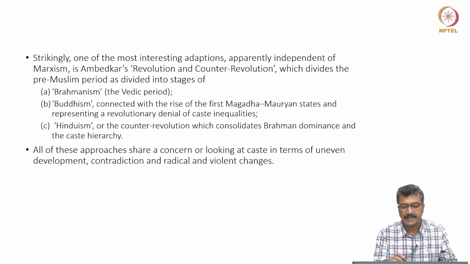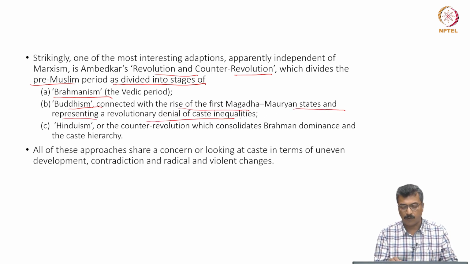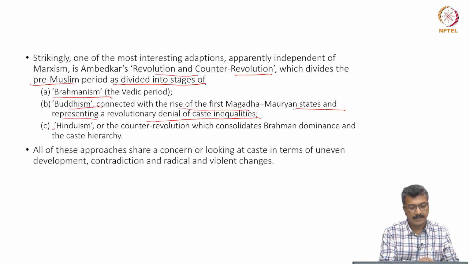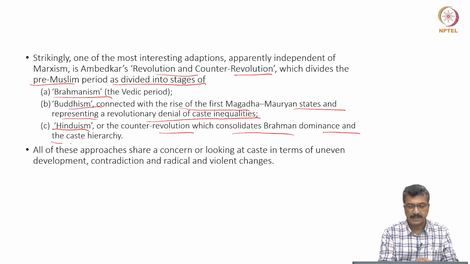Strikingly, one of the most interesting adaptations, apparently independent of Marxism, is Ambedkar's revolution and counter-revolution, which divides the pre-Muslim period into stages. First, Brahmanism, the Vedic period; second, Buddhism, connected with the rise of the first Magadha Mauryan states and representing a revolutionary denial of caste inequalities; and third, that of Hinduism, or the counter-revolution, which consolidates Brahmin dominance and the caste hierarchy.